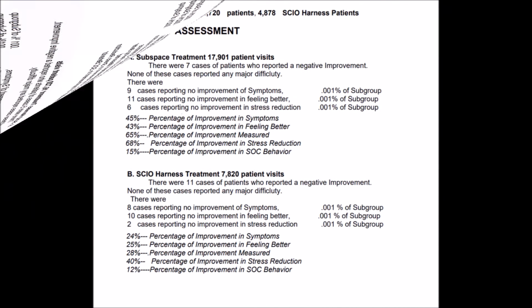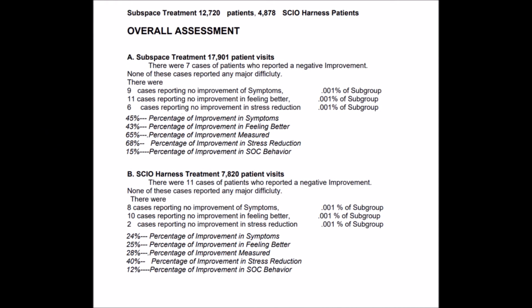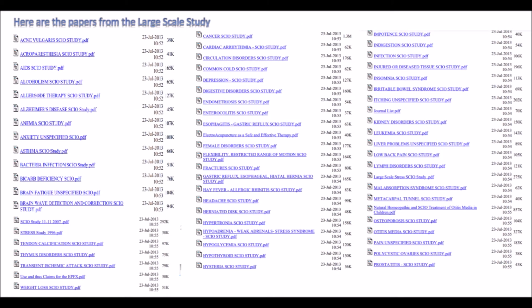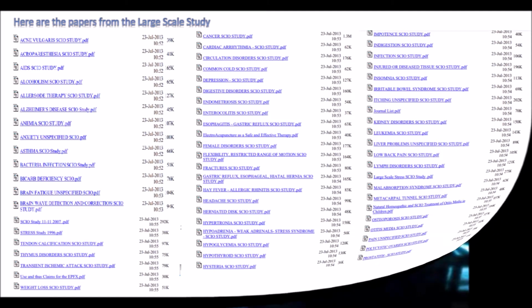It was absolutely safe. There were no reported major risks, no significant risks were reported. And this was a way, with the large-scale study, that we were able to show statistically to the world in hundreds of different diseases that we were dealing with an active, safe, and efficacious system.